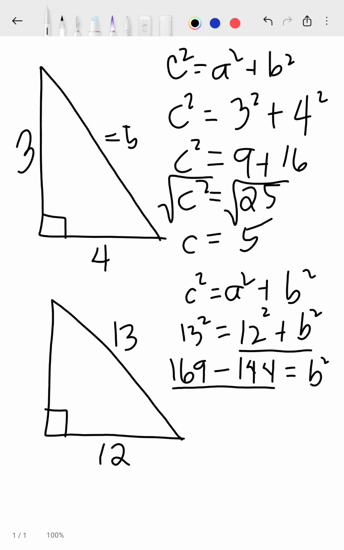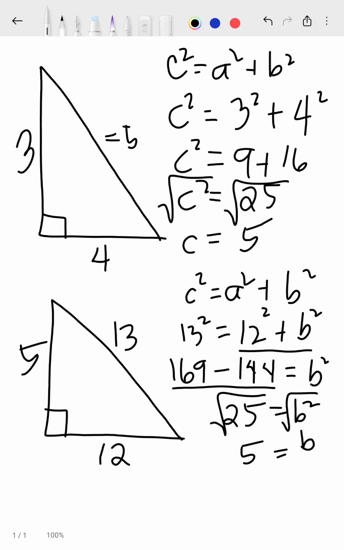And the result of this one is 25. Eh dahil B squared pa rin ang given, so square root of both sides, B is therefore equal to 5. Okay po? So this is how we are going to solve the missing side of a right triangle through the use of the Pythagorean theorem.